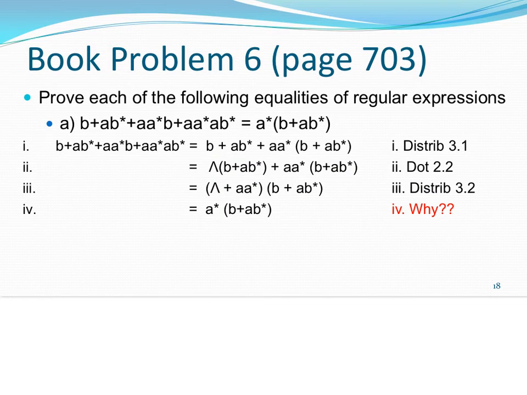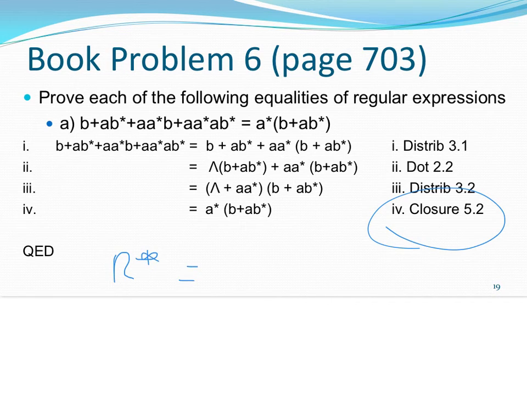And here's the last step in my proof. So take a look, figure out how I made that move, and tell me why I'm allowed to do that. What is the property of regular expressions that allows me to do that? And of course, it's the closure property, closure 5.2, right? If you look at closure 5.2, it has a rule that says on the far left, we've got R star equals, and there's a bunch of different things that it equals, but it equals lambda plus R R star.